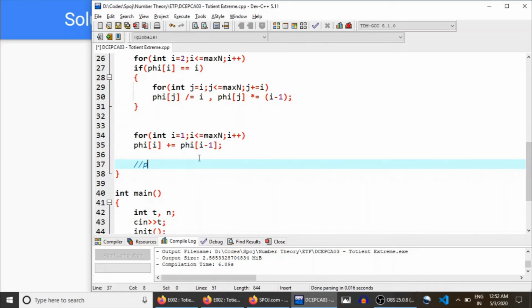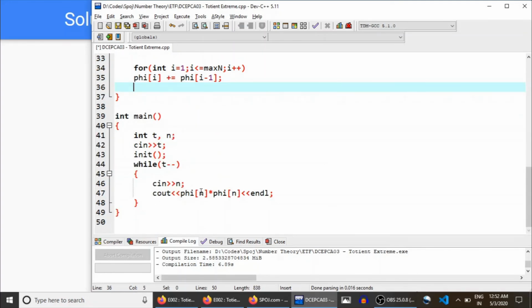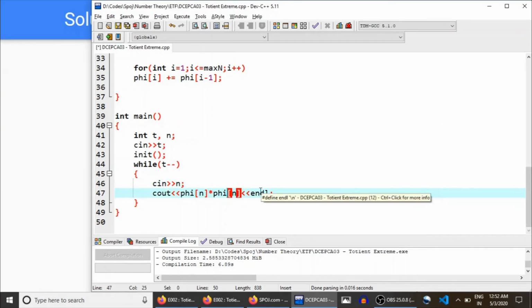So phi of i now is actually the sum of phi from 1 to i. So if the input is n, we can directly print phi of n into phi of n. Again, this phi of n is not phi of n itself, but the sum of all phi from 1 to n. That is what we wanted. So this would be our result.